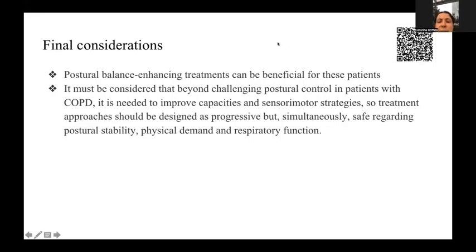And for that, the treatment approach should be designed to be as progressive as possible, but simultaneously safe regarding postural stability and not only challenging. And we need to monitor physical demands and respiratory function at all times for these patients. Next slide, please.